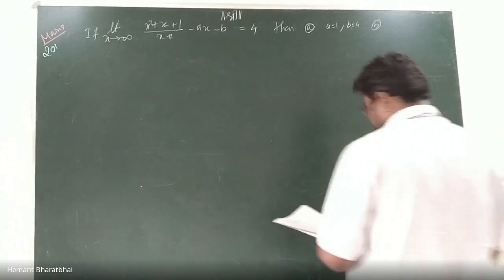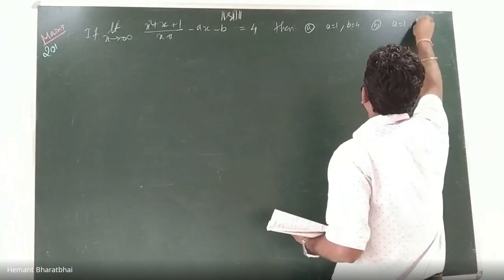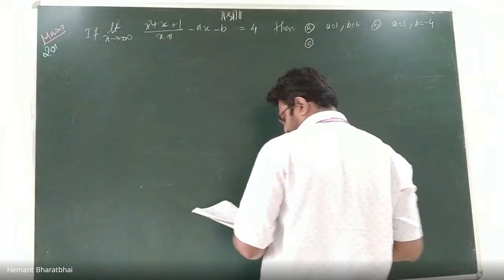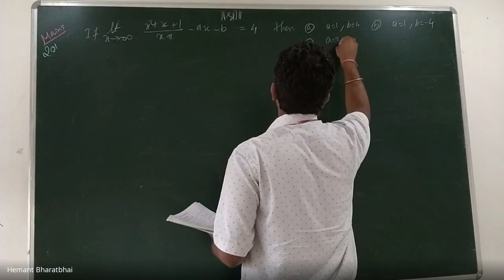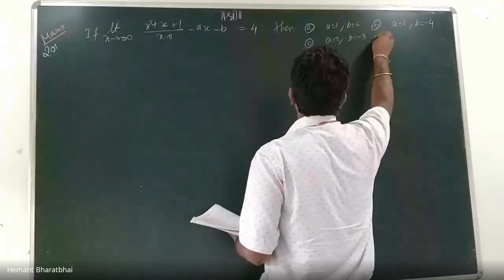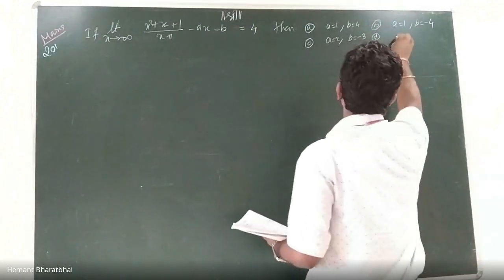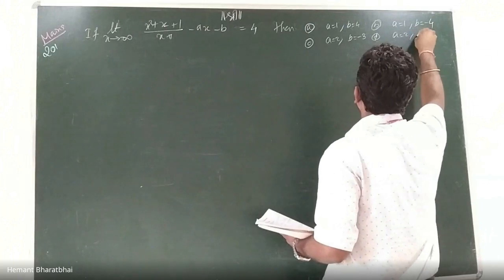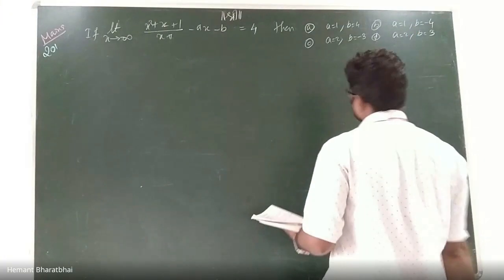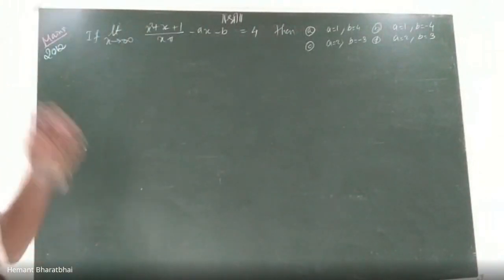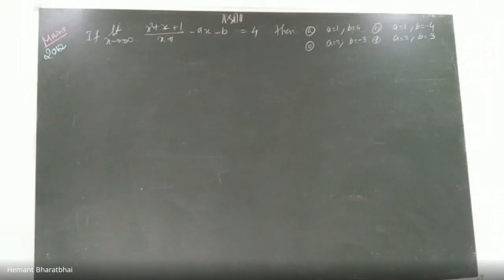Option B, a is equal to 1, b is equal to minus 4. Option C, a is equal to 4, b is equal to minus 3. And option D, a is equal to 2 and b is equal to 3. This has come in the year 2012.